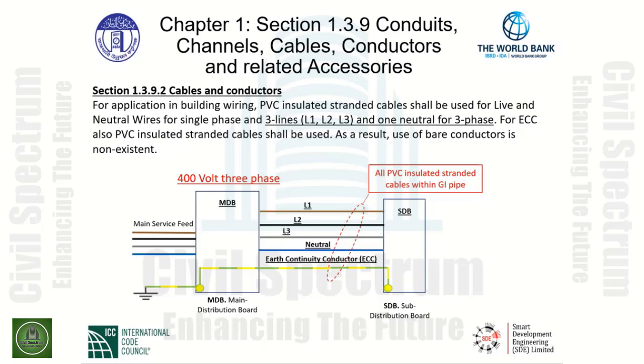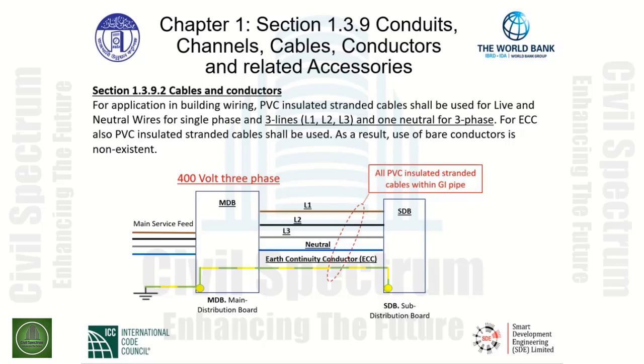As you will see here, L1, L2, L3, the neutral wire, and the ECC are all PVC insulated stranded cables within galvanized iron pipe. This feeds the sub-distribution board.